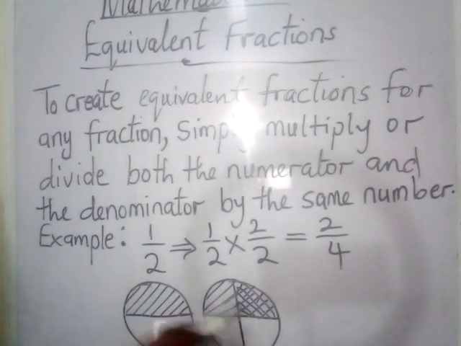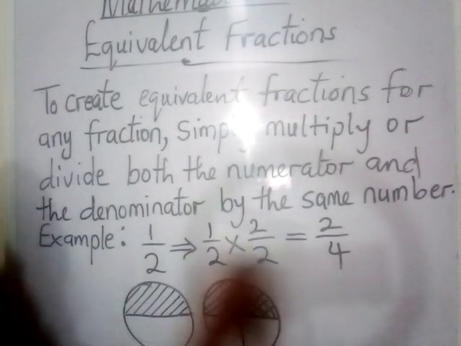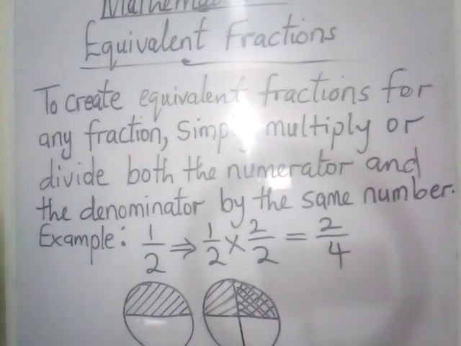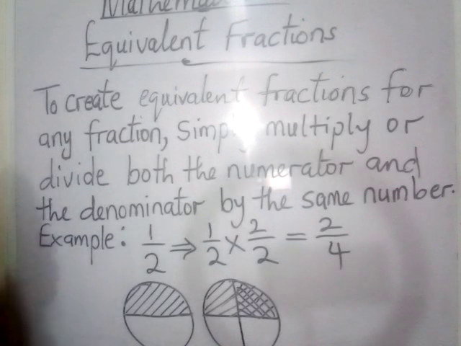Now I drew this circle here to create a visual effect again, to check the answer we got. Okay, remember we're dealing with equivalent fractions. We say they have different numbers, but they represent the same value or the same amount. Now, if you look at this, there are two circles, the same shape, the same size.